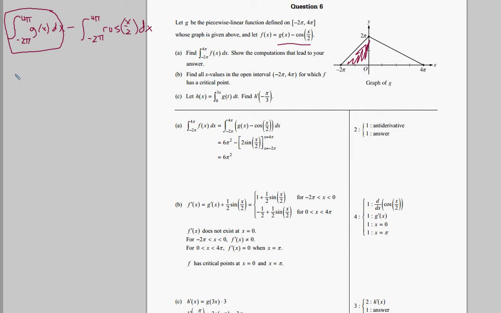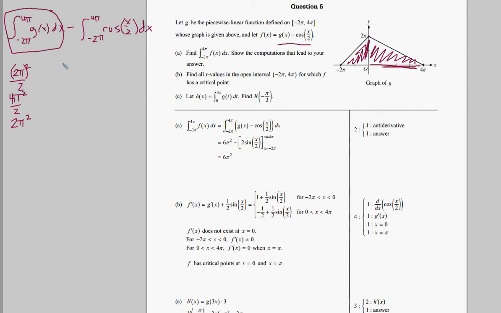So this first piece would be 2 pi squared, basically, divided by 2. So that would be 4 pi squared over 2, which is just 2 pi squared. And then this piece on this side has a length of 4 pi and a height of 2 pi.